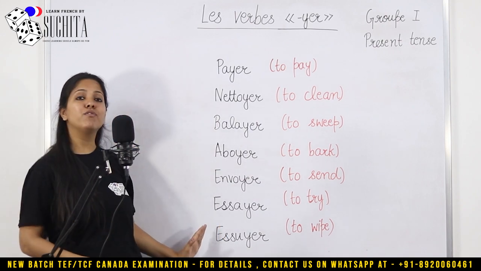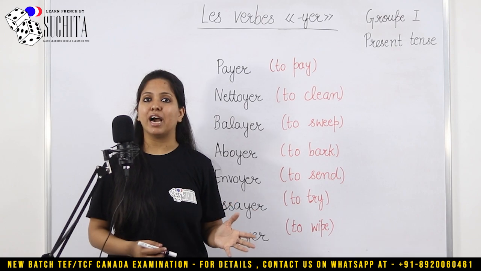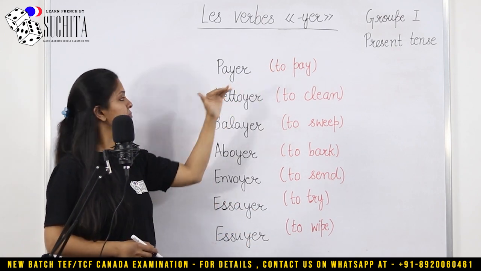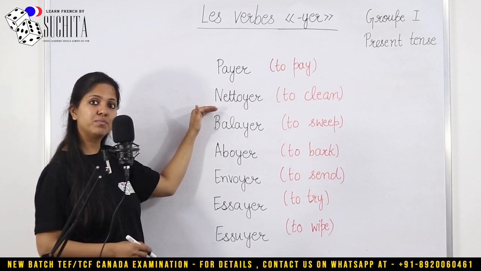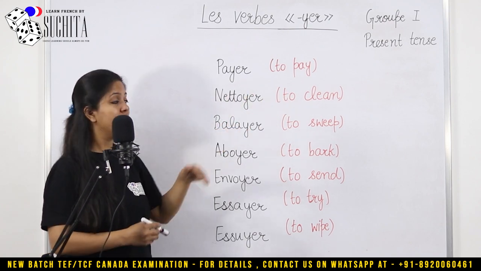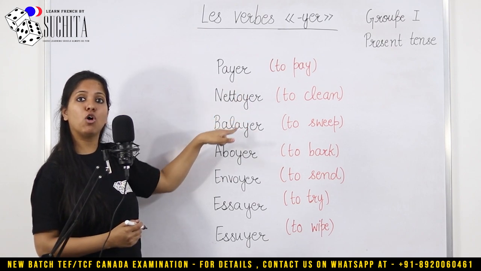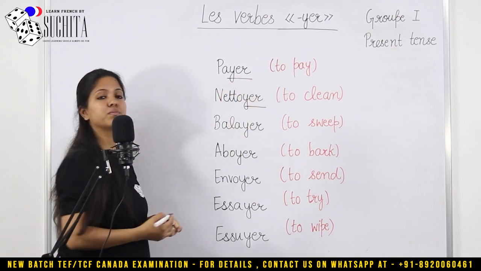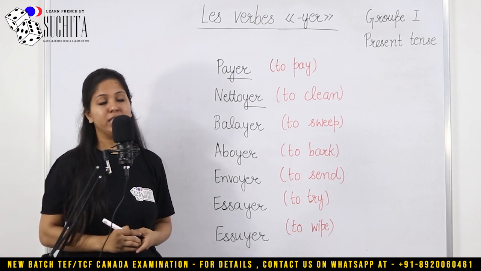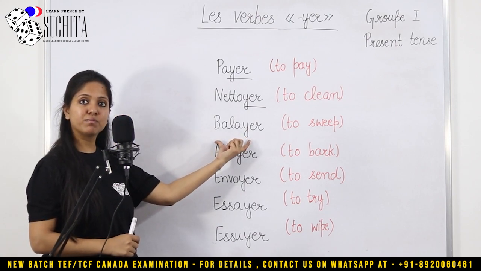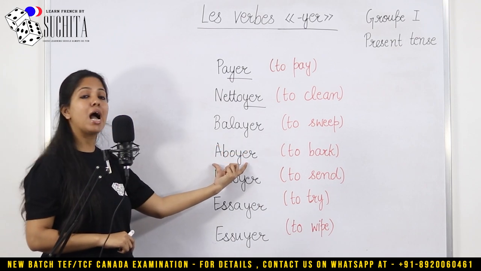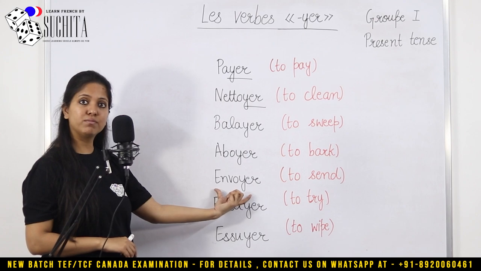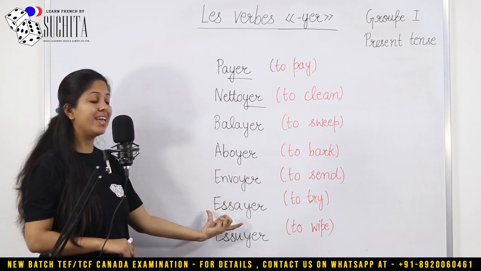Now, here you have certain examples of YER verbs that I've written. Payer, to pay. Nettoyer, to clean. Now if you see, the ending of all of them is YER, okay? Balayer, to sweep. Aboyer, to bark. Envoyer, to send.